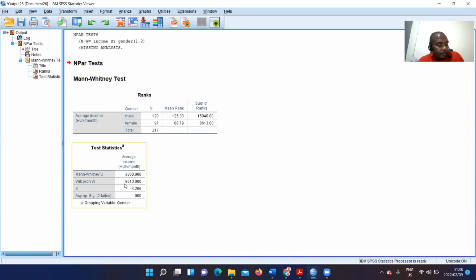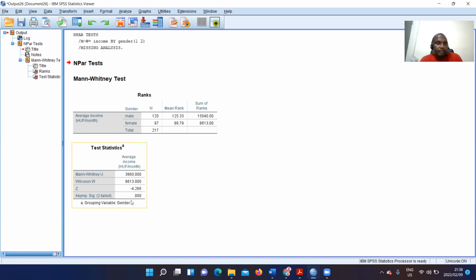Below that is the test statistics output table, where the Mann Whitney U statistic is 3,860, the Wilcoxon W statistic is 8,613, the Z statistic is minus 4.266, and the asymptotic significance value is 0.